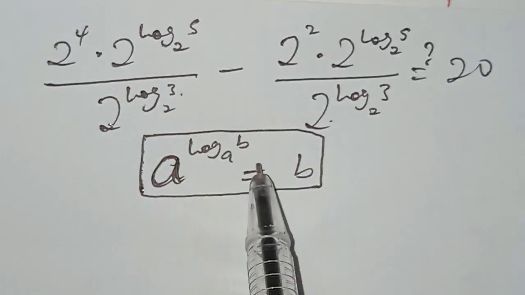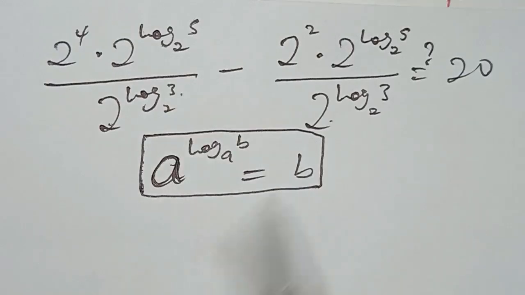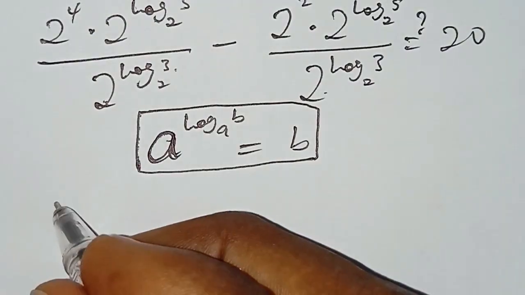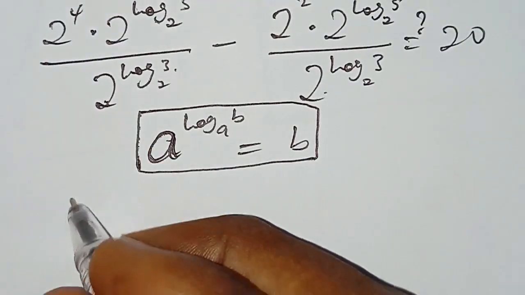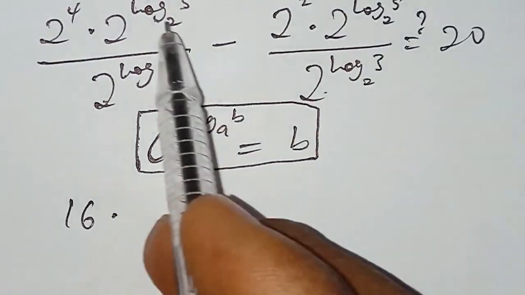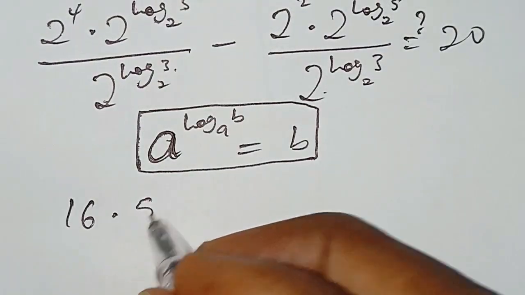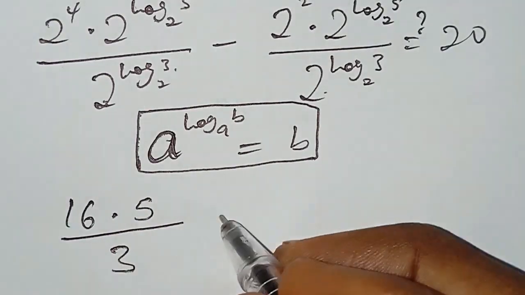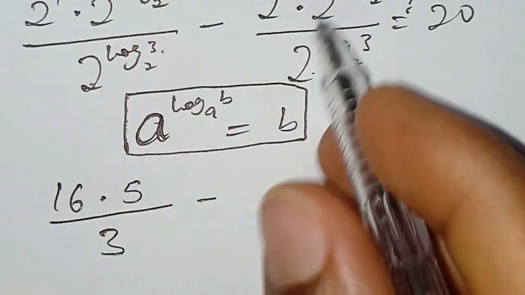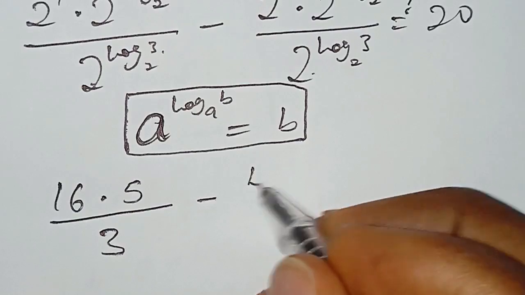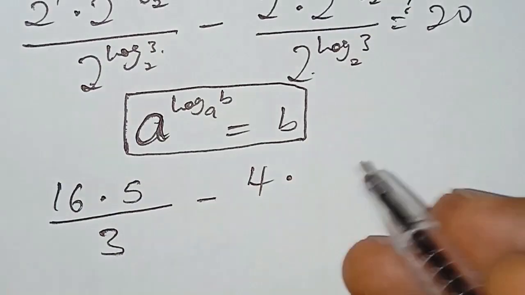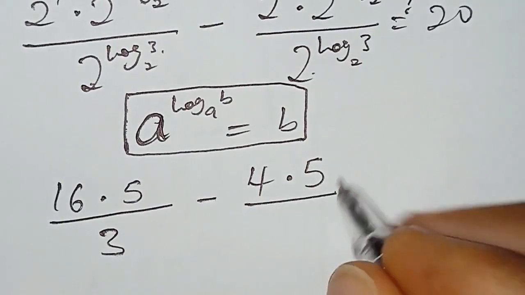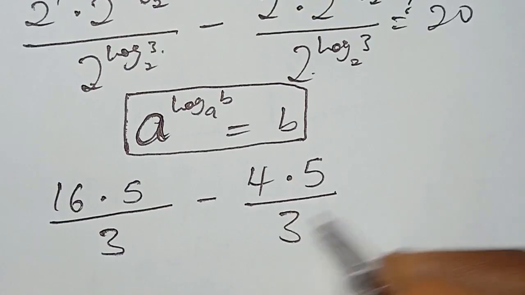So it's in this form. So it means the next step becomes 2 raised to power 4 will give us 16 multiplied by, so this will become 5 over, this also becomes 3, minus, this becomes 2 raised to power 2, we have 4 multiplied by 5 over, this also becomes 3.